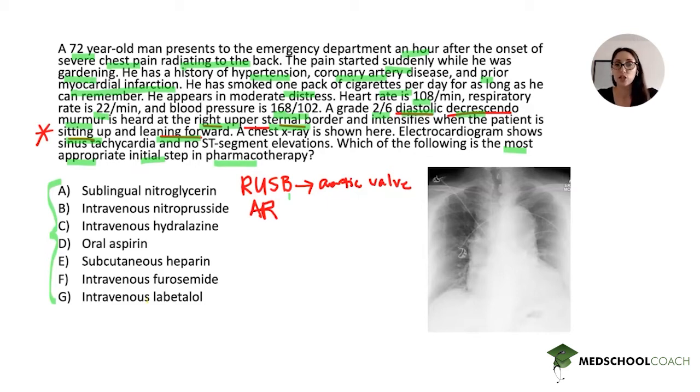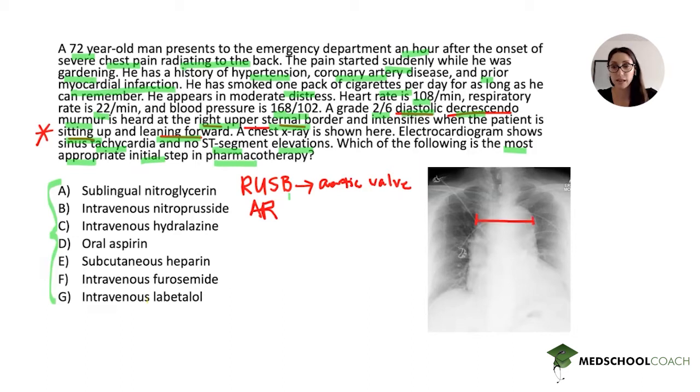A chest x-ray is shown here. Electrocardiogram shows sinus tachycardia and no ST segment elevations. All right, so let's take a look at this chest x-ray. And the one thing that should really jump out at you from this chest x-ray, that you should be able to recognize if you see a similar example of this in a different question, is that we see a really pronounced widening here of the mediastinum.